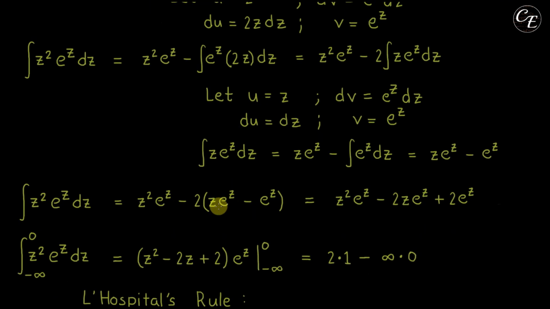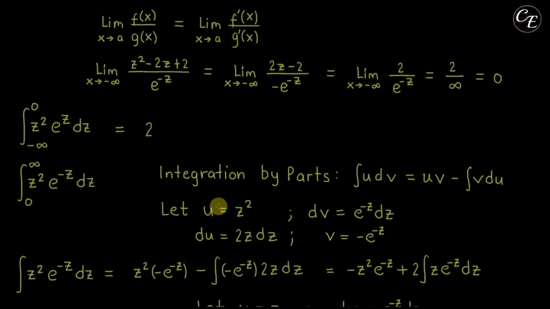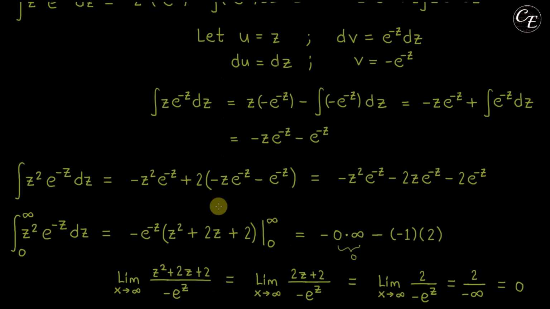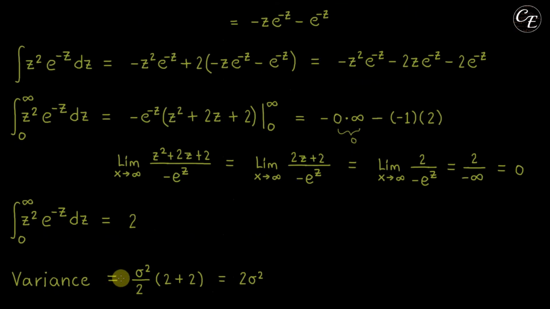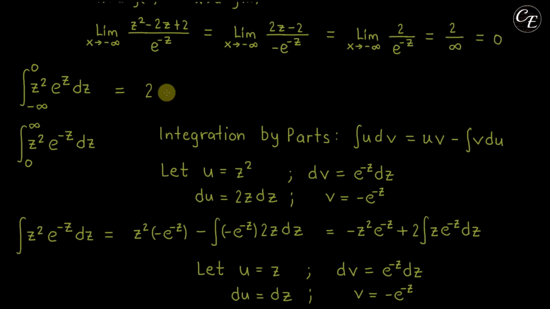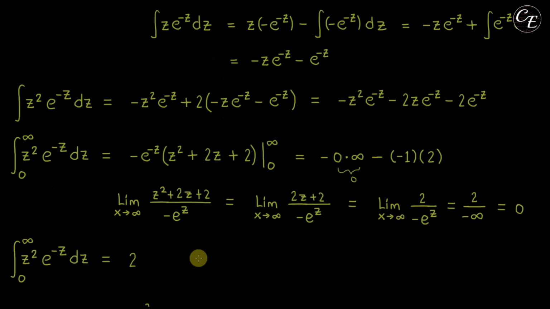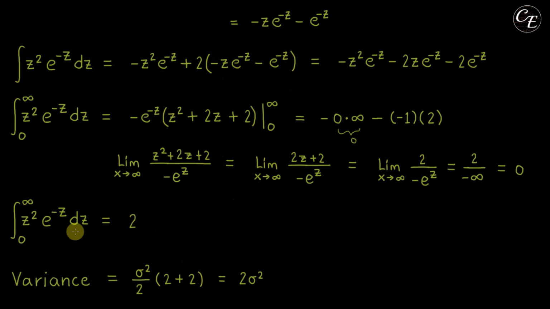So the variance is equal to sigma squared over 2 times our first result, this 2 for our first integral expression, and then for our second integral expression, we have also the same, which is 2 in here. Then we have 2 plus 2 is 4, and 4 over 2 is 2, so we have here 2 sigma squared. Then we have here now our variance for the double exponential distribution.